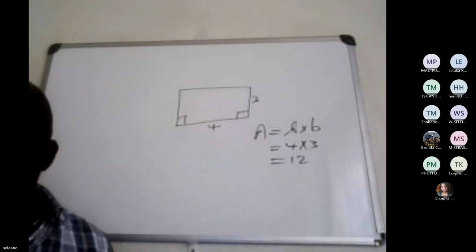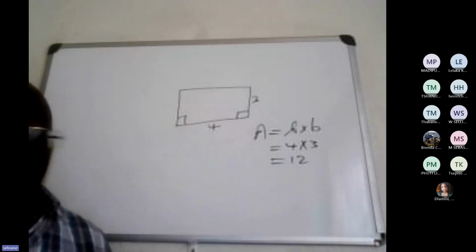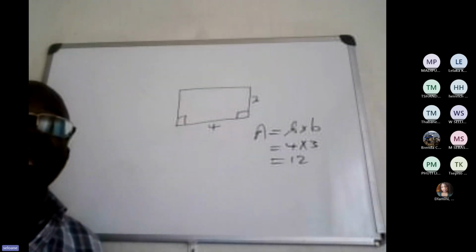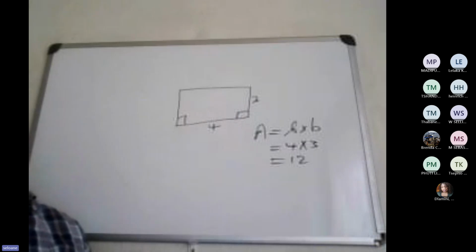It's good. But now the question is, what if this is not a nice rectangle like this?